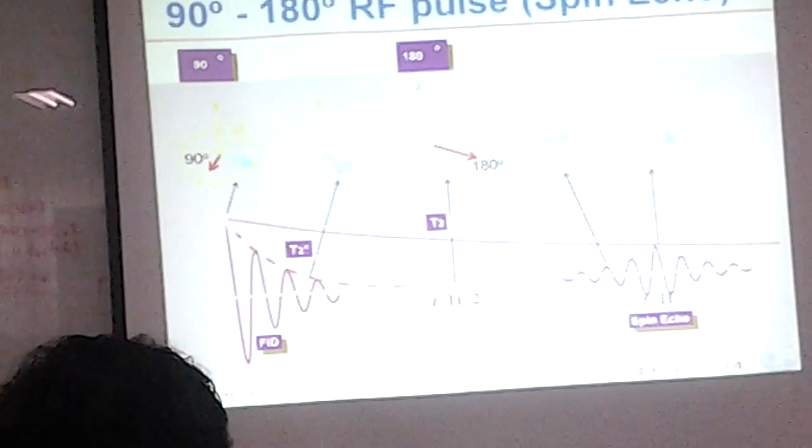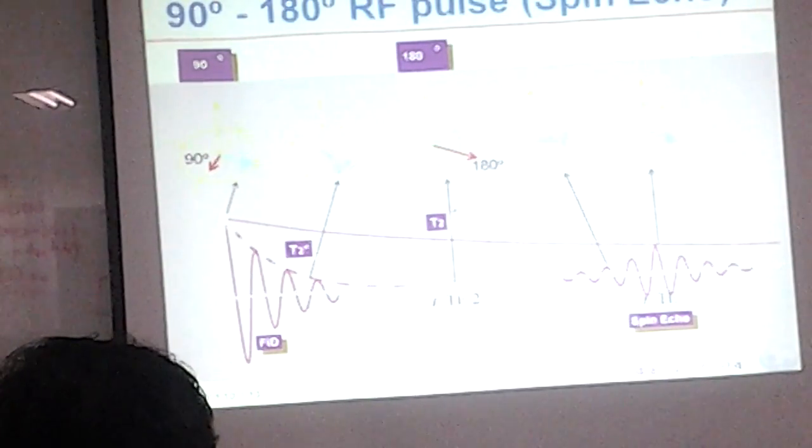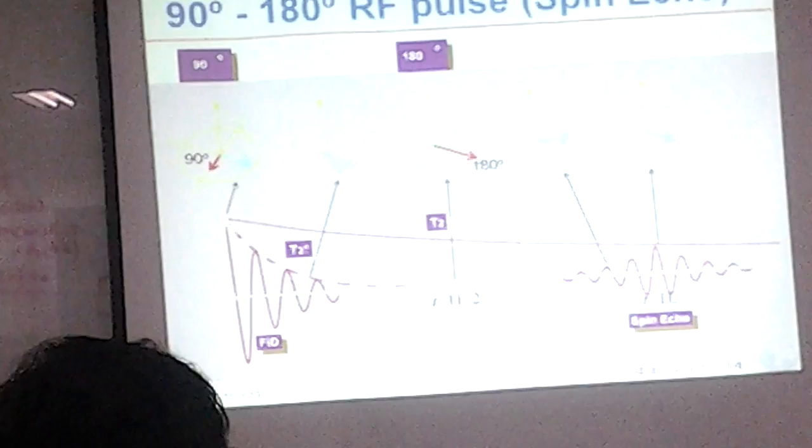Some other times, if the 180 RF pulse is applied here, then the spins flip like this. Because the RF pulse is applied in this direction, each spin flips along the RF pulse direction, clockwise.